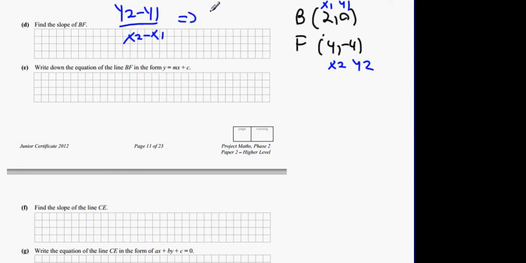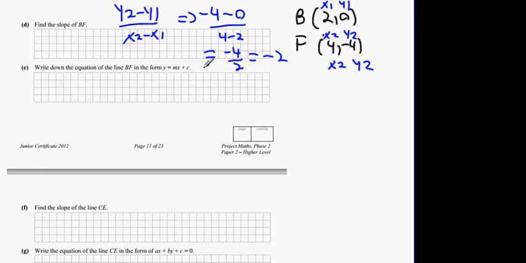So minus 4 minus 0, all over 4 minus 2. The answer is going to be minus 4 over 2, which is minus 2. Are you happy with that? Minus 2.